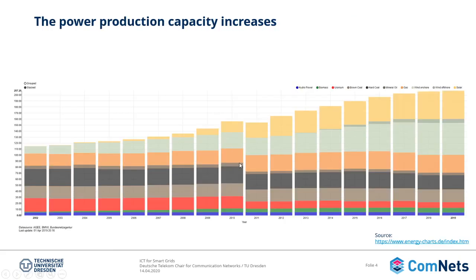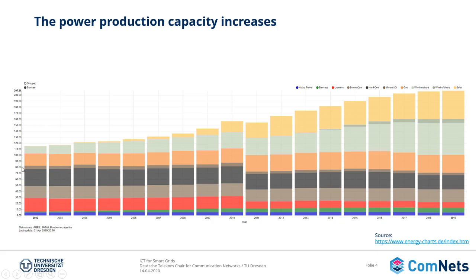Now, here we see a graph that shows us the amount of power being generated throughout the years. And as you can see, in 2002, the amount of coal power being generated, together with nuclear power and gas, were extremely dominant in the power generated spectrum.